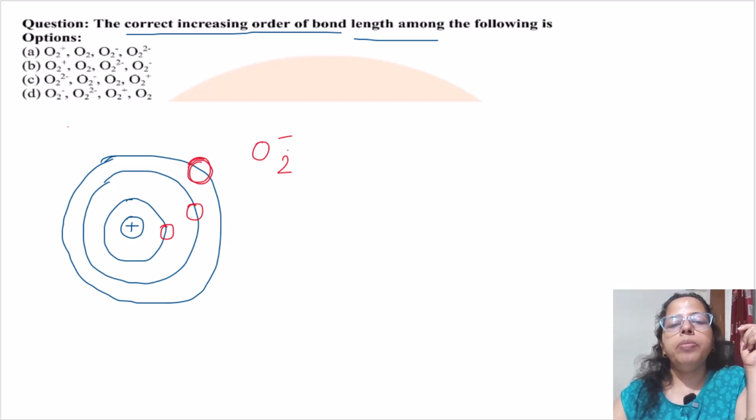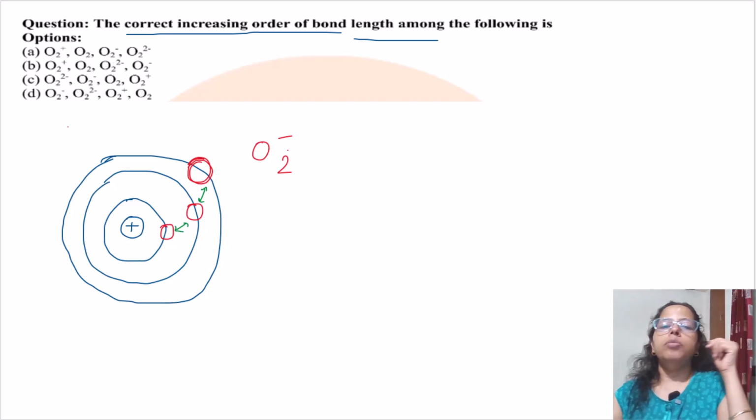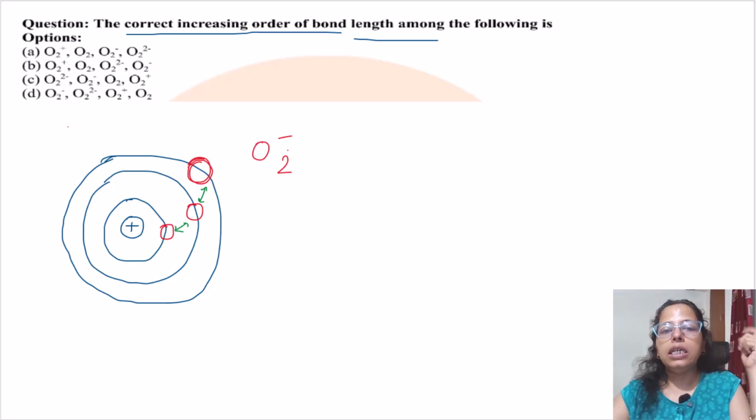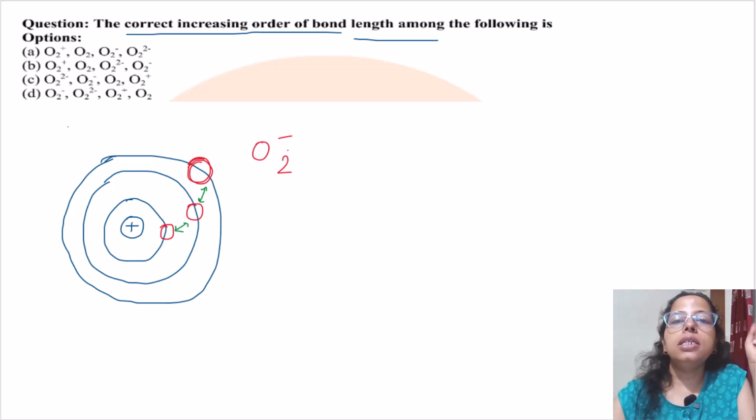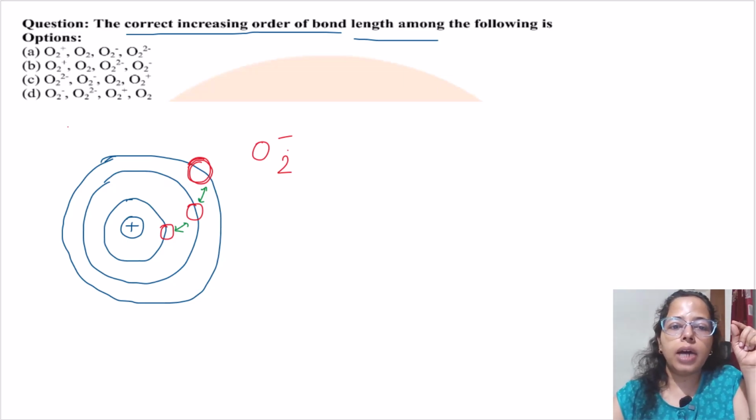So what happens when we have an additional electron? Then the inter-electronic repulsions are more. You can see electrons in every shell, and these electrons are repelling each other continuously, and this inter-electron repulsion leads to an increase in the electron cloud.